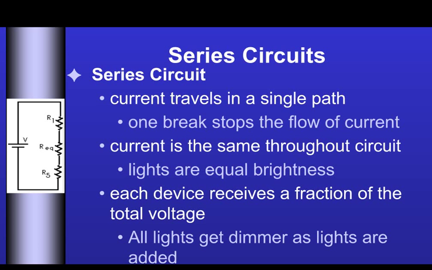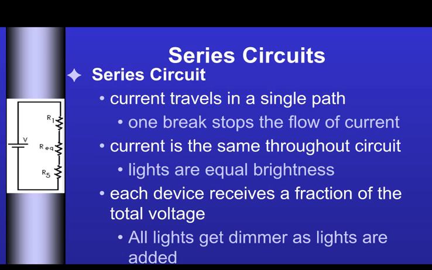If I keep adding Christmas lights to a strand, if it is a series circuit, they're going to get dimmer and dimmer the more that I add to them. They used to be all series circuits, but now a lot of them are wired in parallel, and that doesn't happen. But that's what you can think of. 300 strands of light should be dimmer than a 100 strand of lights. And so all lights get dimmer as they are added.